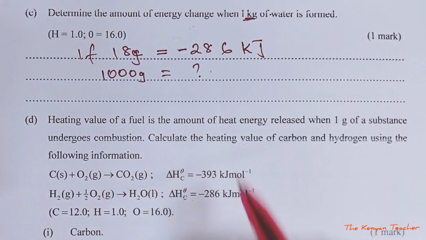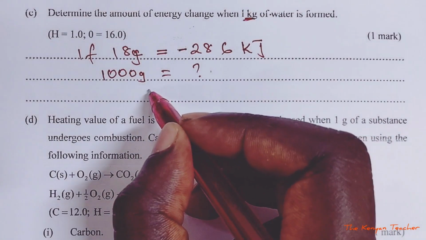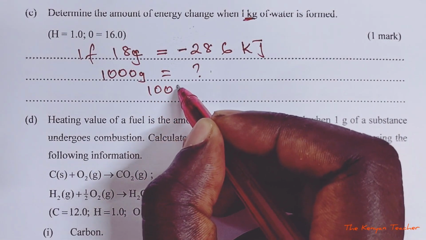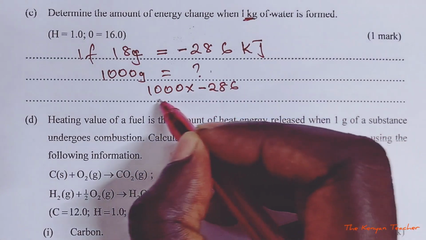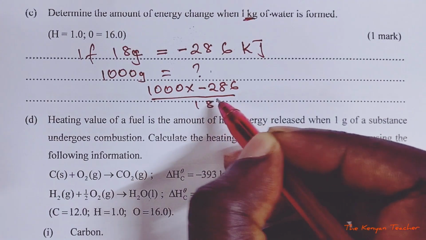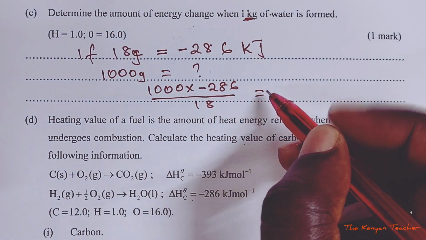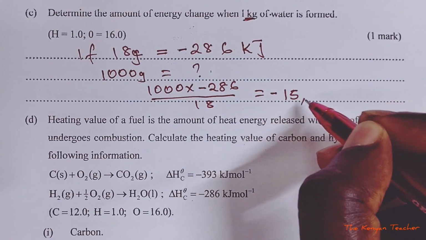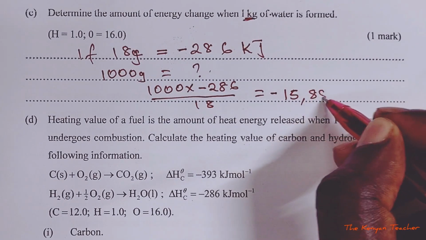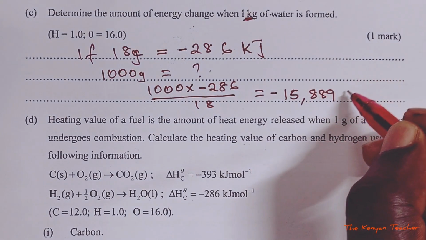We would now relate those two. And through simple cross multiplication, we would do 1000 multiplied by negative 286, and then we divide by 18. I'm getting a value of negative 15,889 kilojoules.